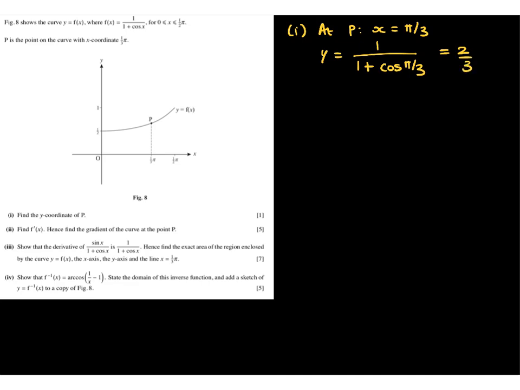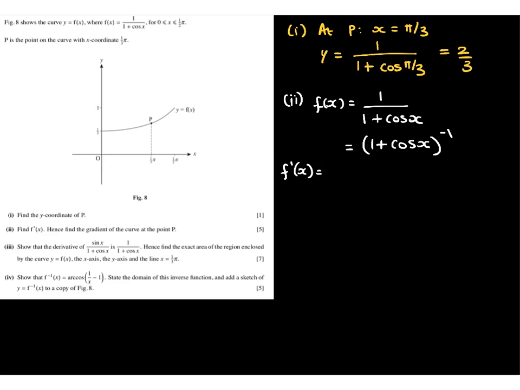Now, we've then got to find f dash x in part 2. So f of x is equal to 1 over 1 plus cos x. Now, we can differentiate this using the quotient rule, or we can rewrite this as 1 plus cos x all to the power of negative 1, and then I can use the quick chain rule. So f dash x tells me that this is a power function overall.